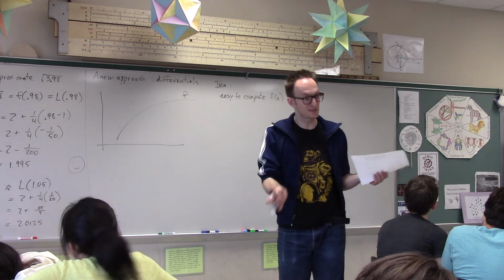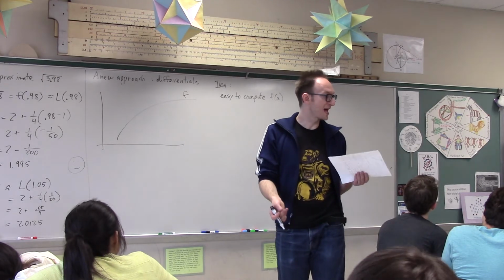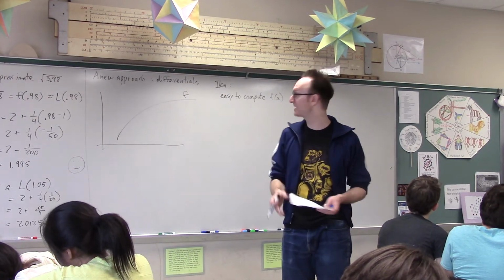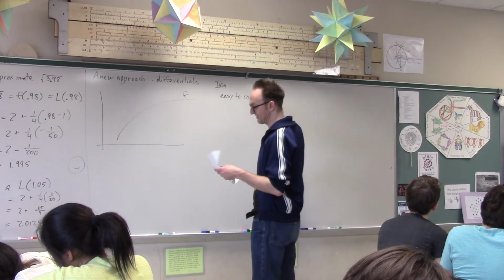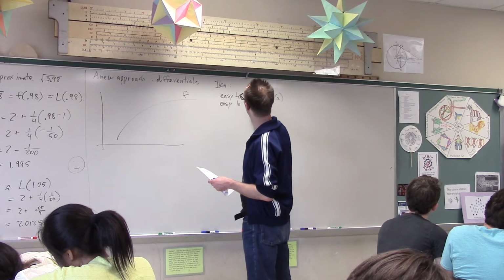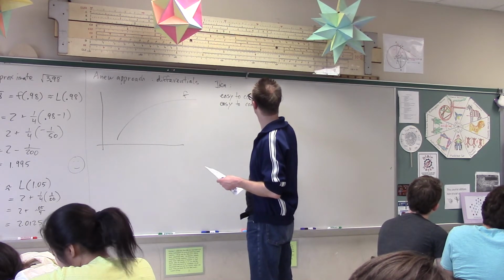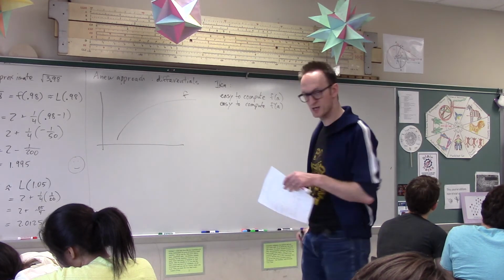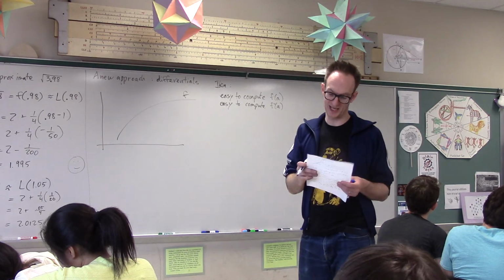So a is a particular value such that I can quickly, easily, by hand, compute the value of f at that point. And that it is also, as we've just seen, easy to compute f prime of a. So I can differentiate this function and I know what the value of the derivative is at a.